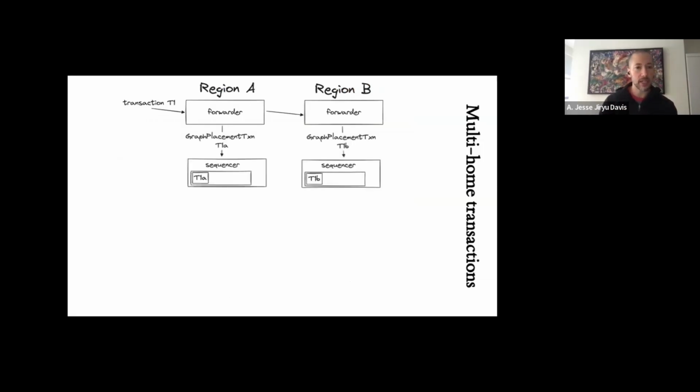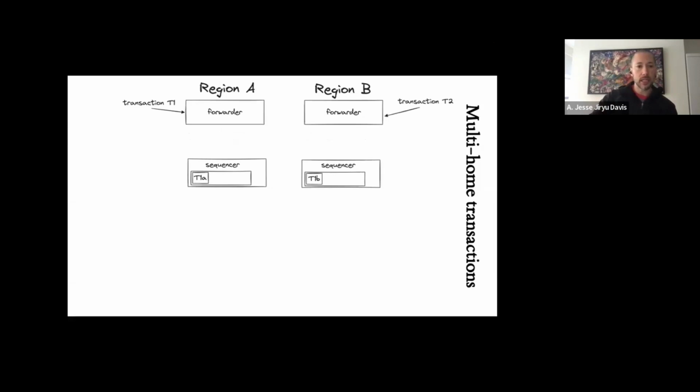The forwarders then create these things called graph placement transactions. A graph placement transaction is the part of the transaction that only uses keys in one region. So T1A is the part of the transaction on keys in region A, same for T1B. Graph placement transactions are like single home transactions. They only affect local data. So they're just added to a batch by the sequencer, just like single home transactions. But scheduling them is going to be quite complex.